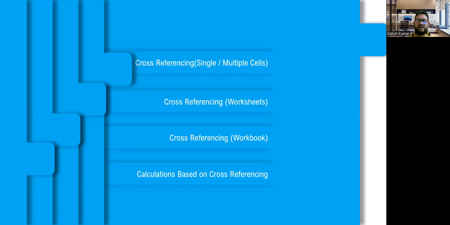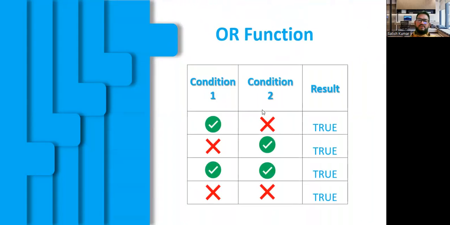After cross references, we will also cover logical functions like ISBLANK, ISNUMBER, IF, AND, OR, and IFERROR. Post that, we will also cover the advanced lookup functions, which are MATCH, INDEX, and the combined INDEX and MATCH functions, correct? So let's begin the practical example.